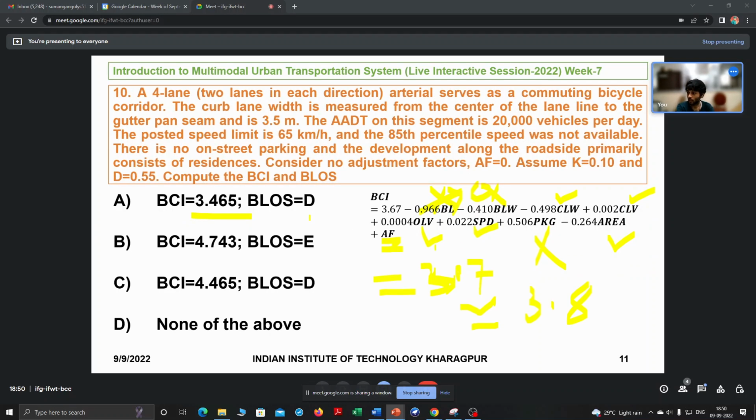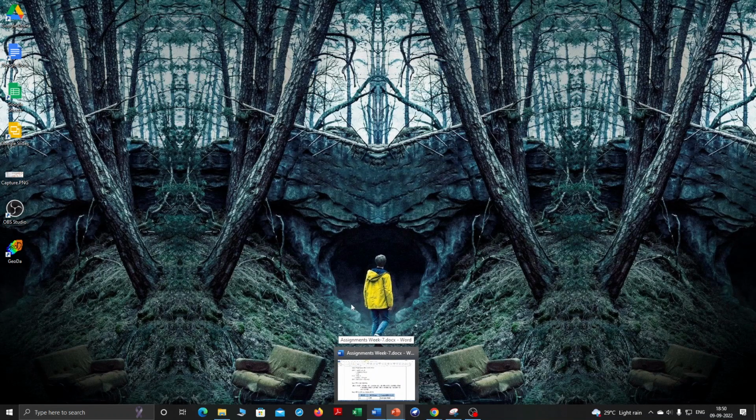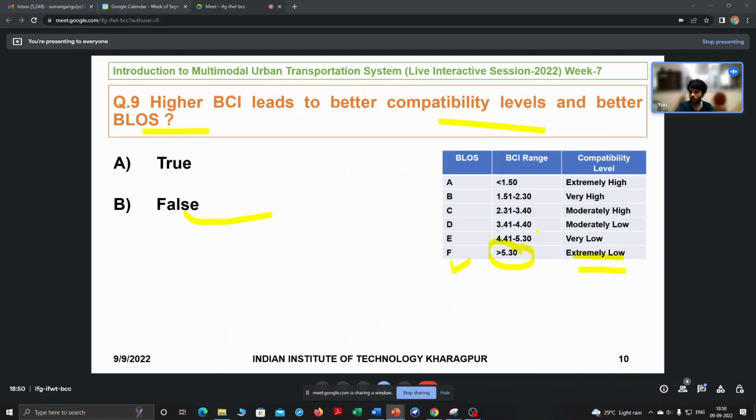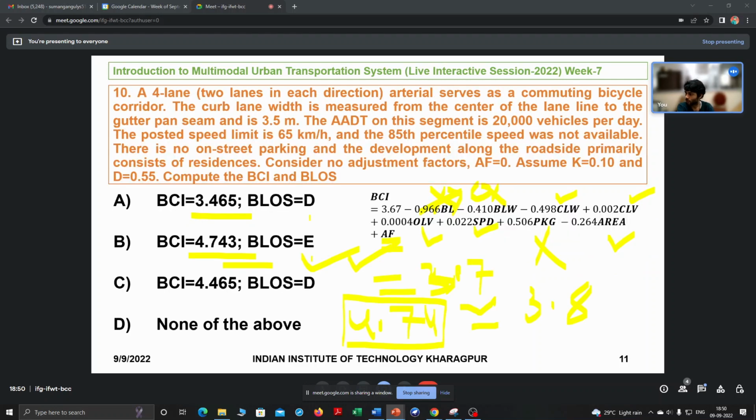Okay, I did not calculate it right. I need to check. No, it will come out to be 4.74. Not the other way around. So this is E, because this is 4.74. I thought it was D, but it is E. So it is the correct answer.